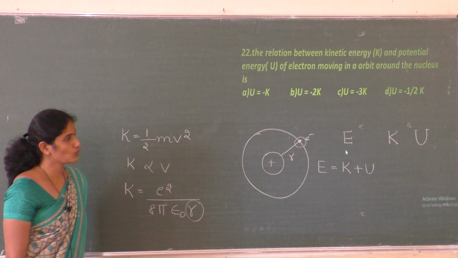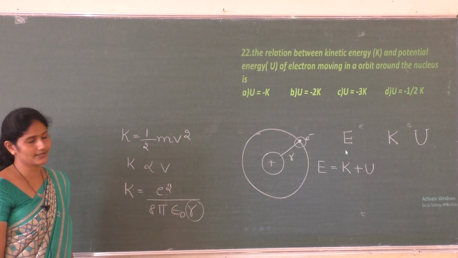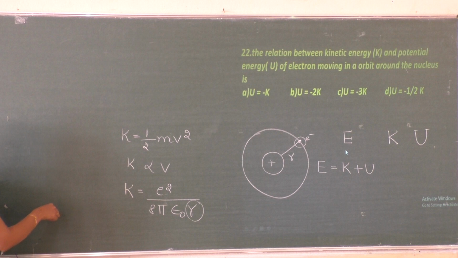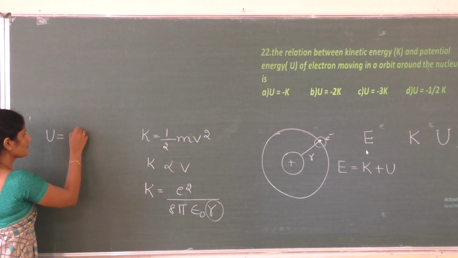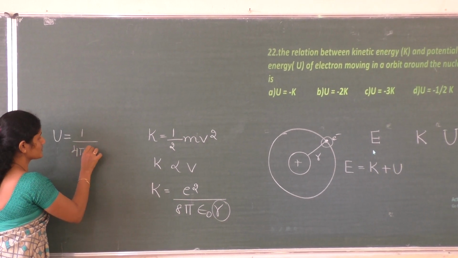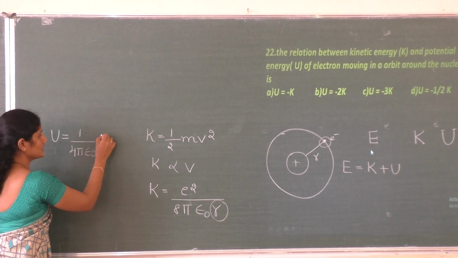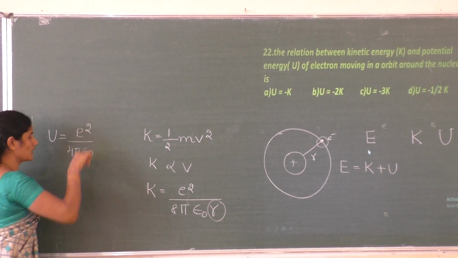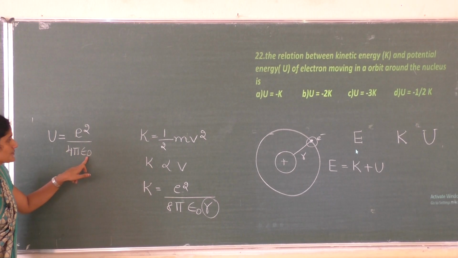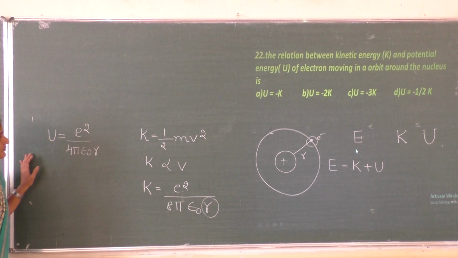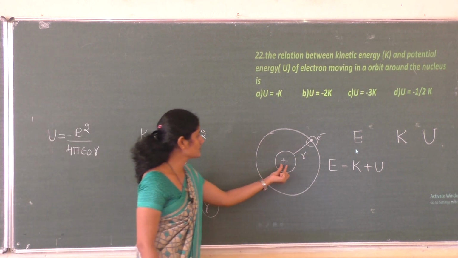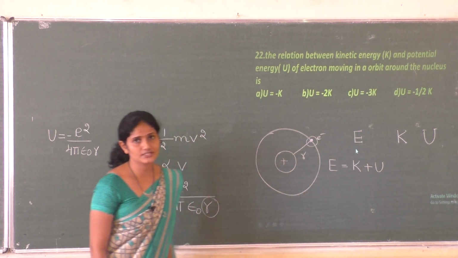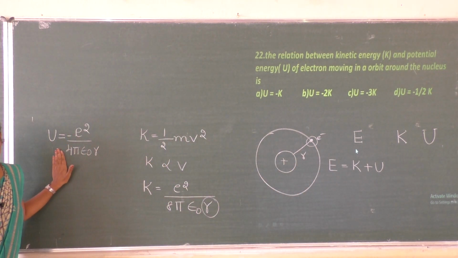Now let us see the expression for potential energy. The potential energy U is equal to 1 by 4 pi epsilon naught into e square, or e square divided by 4 pi epsilon naught R, with a minus sign, because here we have positive and negative charges, and in that case potential energy becomes negative.